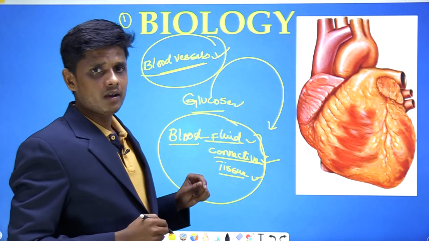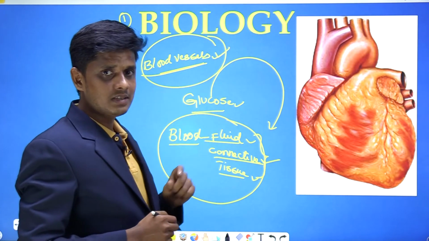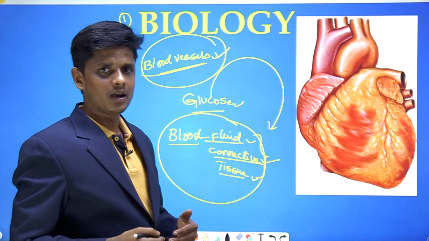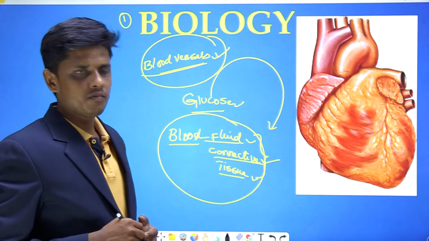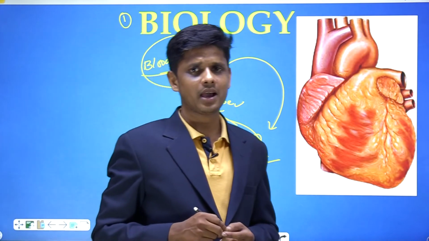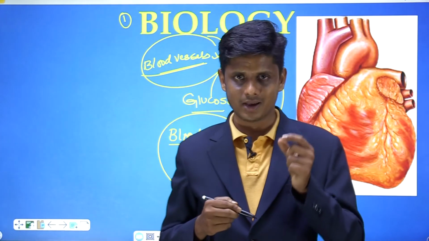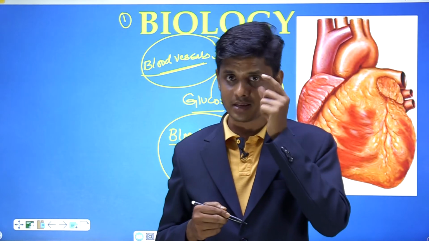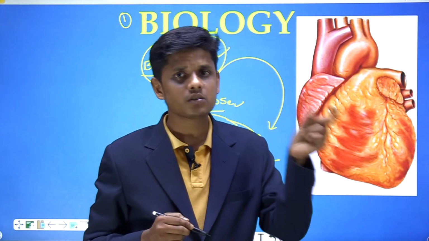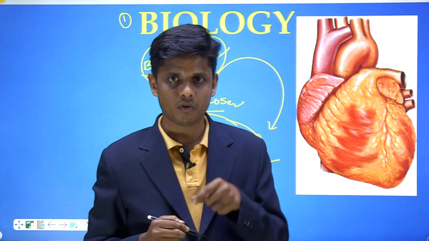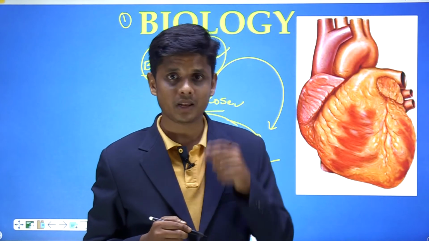Understand? These blood vessels reach the different parts of the body, even the sensitive organs also. For instance, if we look at our eyes, the blood is also supplied to the eye of our body, which is present in the occipital bone.